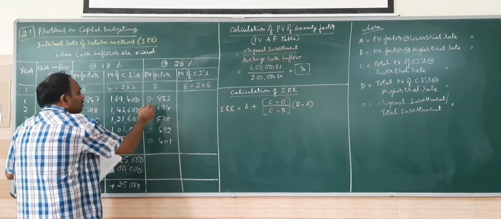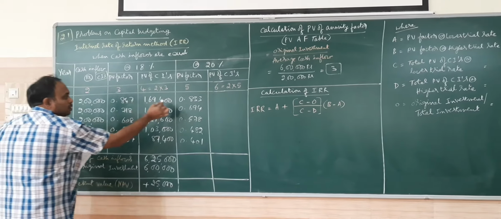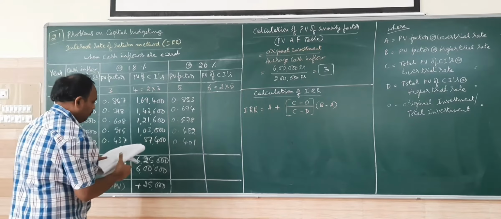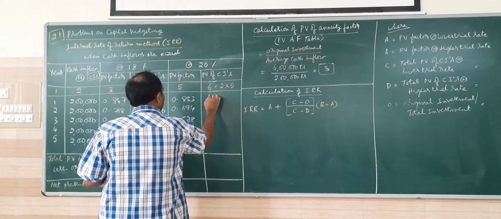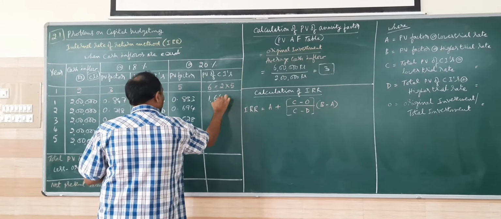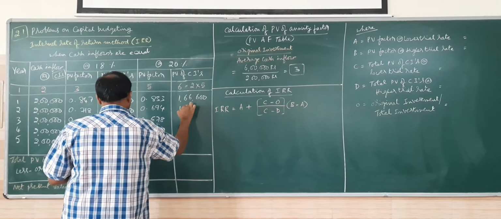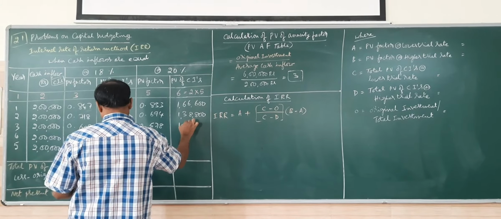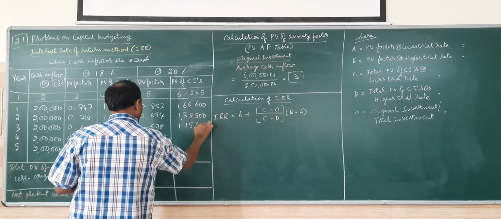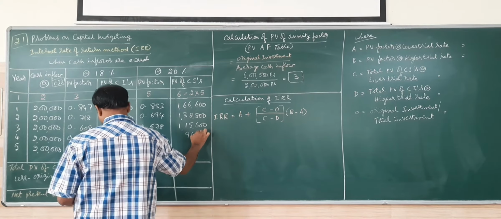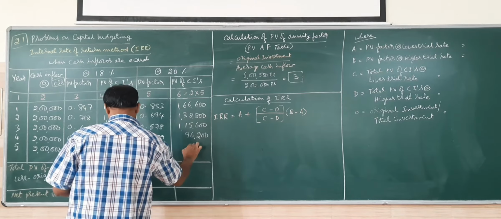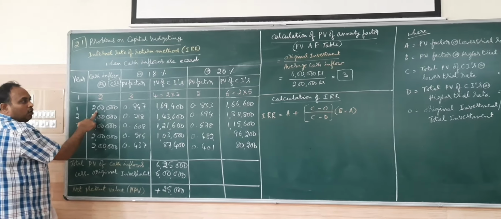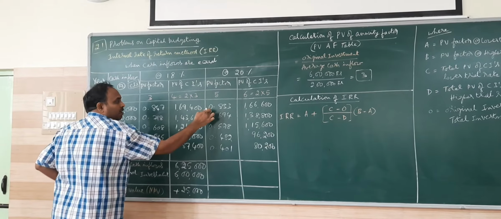So let me do the multiplication here. 2 lakh rupees into the PV factor at 20%. So first year at 20% I'm doing at present. I have multiplied here, as you can see, the cash inflow with the PV factor at 20%.